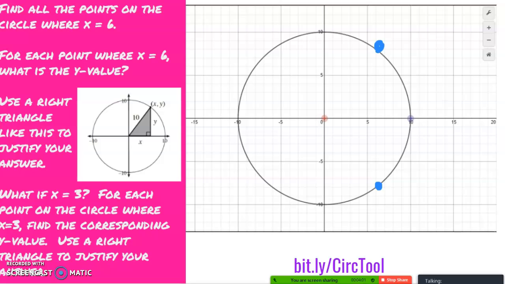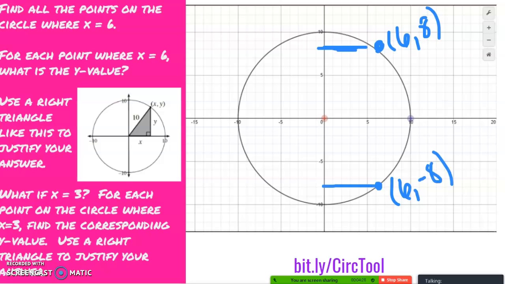There's my two places where x equals 6. Okay, what is the y value there? So we know that my x value is 6 in these ordered pairs. What's my y value? Well, we can tell by looking. My y value is right here. It's 8, right? And at this point, my y value is negative 8.